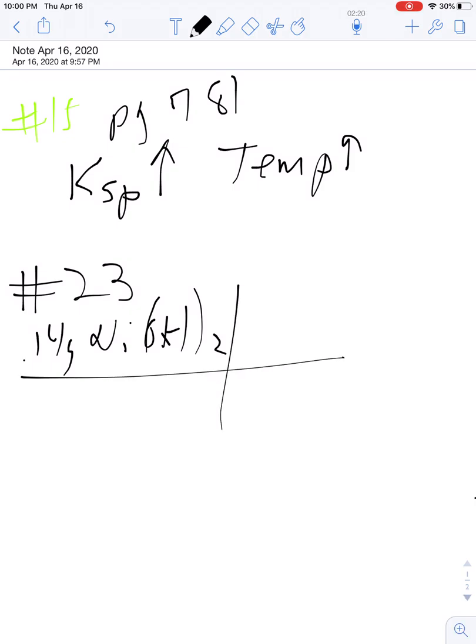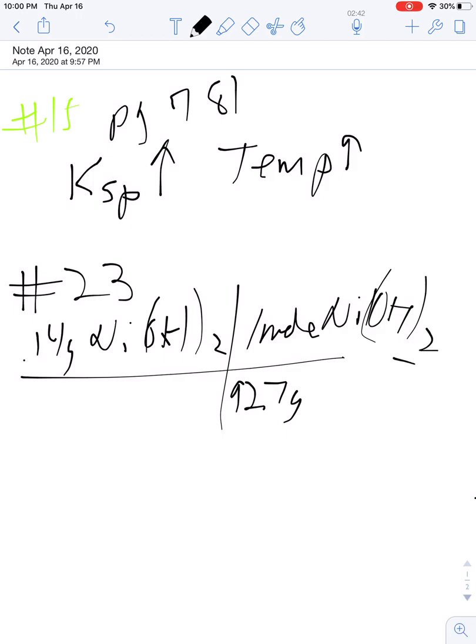So nickel weighs 58.7, and 2 hydroxides, that's 92.7 grams, gives me 1 mole of the nickel hydroxide.